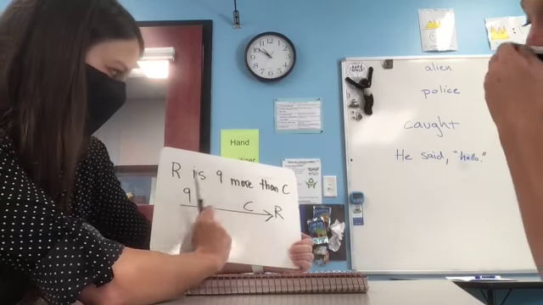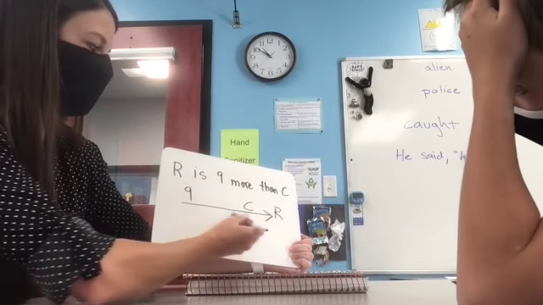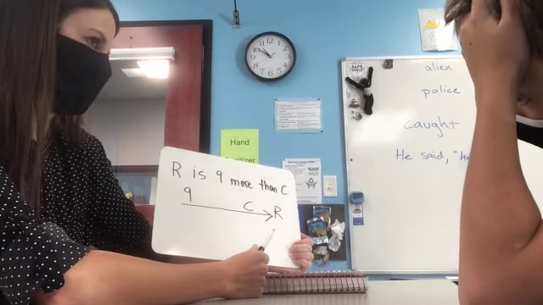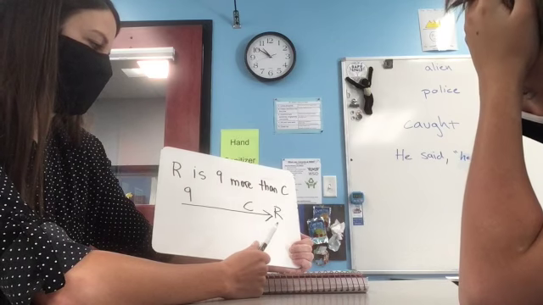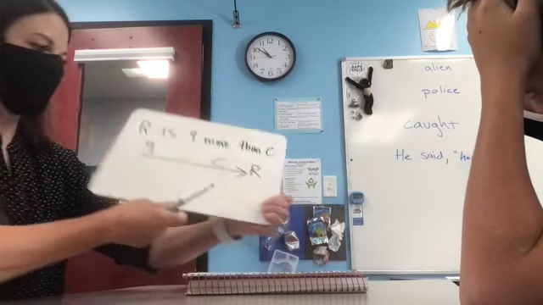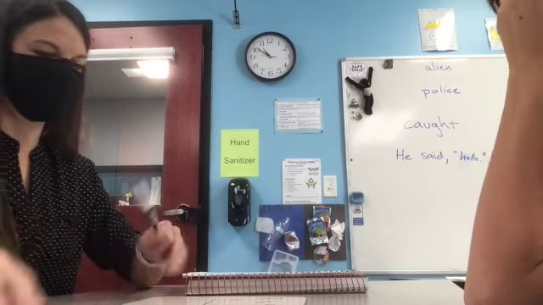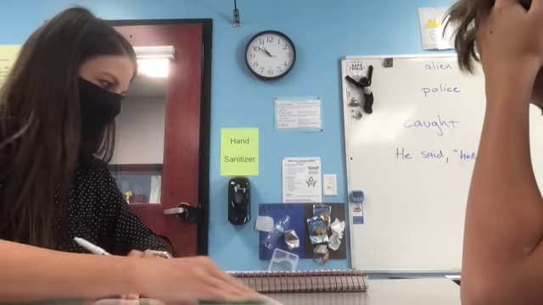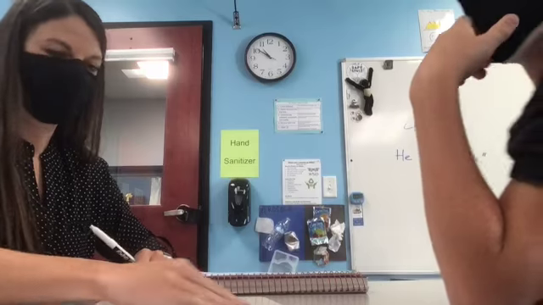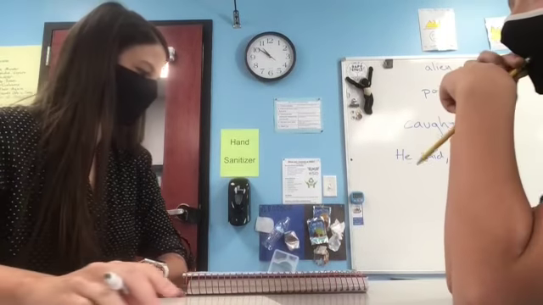Well, that would be the addition one, right? If you had to make a subtraction, what would it be? R minus 9 equals C. Yeah, or R minus C equals 9, right? Great job.